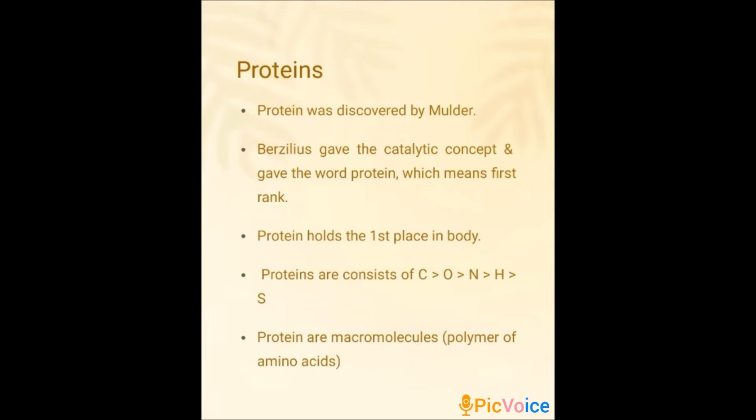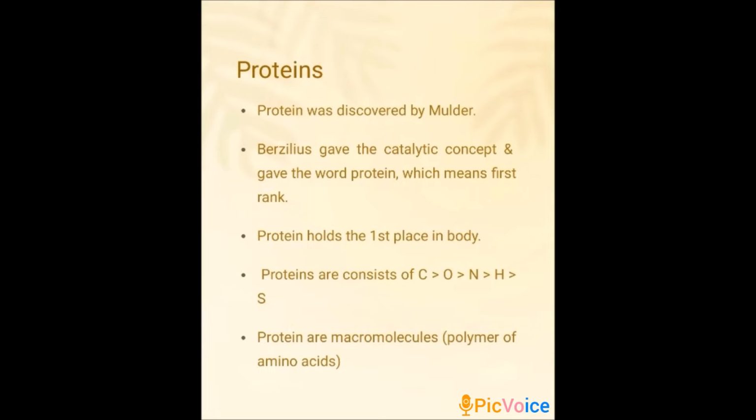Now we are going to see the protein molecules in detail. So protein was first discovered by Mulder, and later on Berzelius gave the catalytic concept, that is, what type of function the protein molecule is doing, and he gave the word protein. Protein means first rank, something which takes place first.